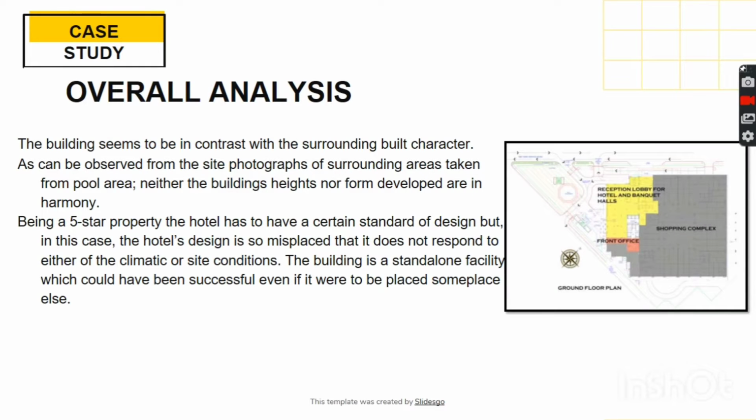Next step is the case study. To study the typology better, a case study of Radisson Blu, Delhi was done. From that, I learned that while designing a hotel, there are some standards which need to be followed and kept in mind.